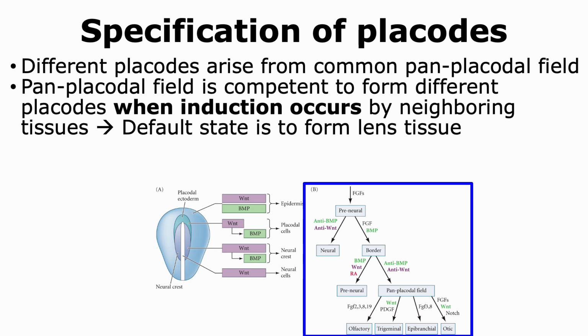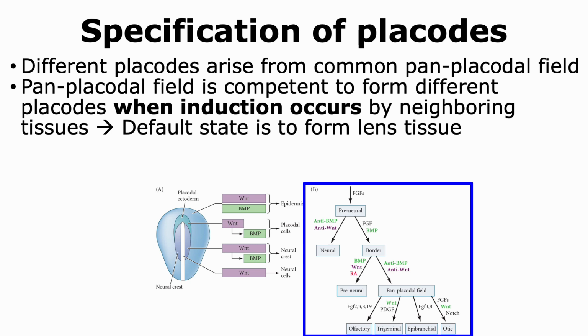The portion shown in the blue box shows all the different factors that are involved in forming the panplacodal field. So we start with the preneural part where you get the neural and the border region, and we can see Wnt signaling and BMP signaling playing an important role, as well as the presence of FGF and retinoic acid.